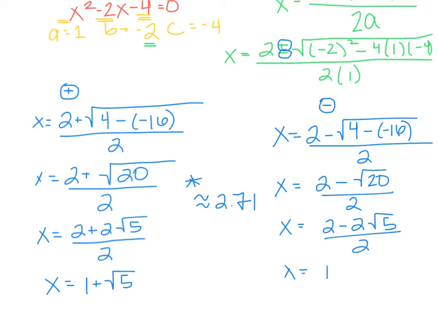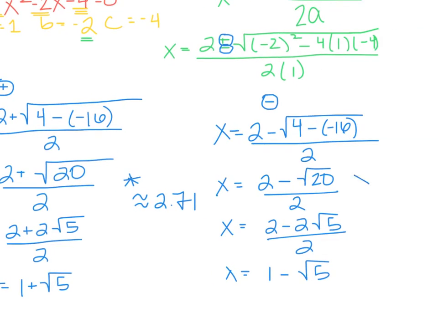So x is 1 minus the square root of 5. Again, alternatively, you could put this in your calculator and you would get 2 minus the square root of 20 over 2, which is approximately negative 1.2.